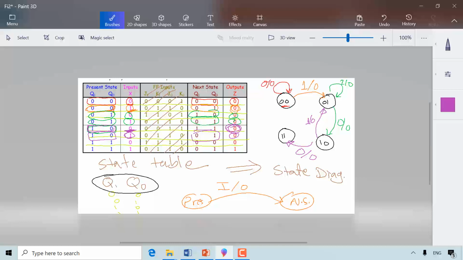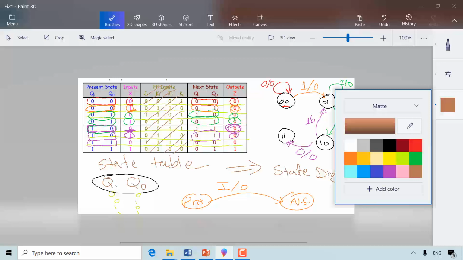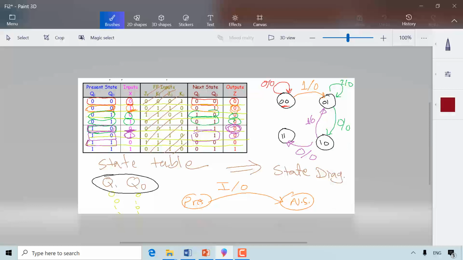Now, here I am at the state of 1, 1. Let's choose another color here. At the state of 1, 1 and an input of a 0, you go to state 0, 0 with an output of a 0.